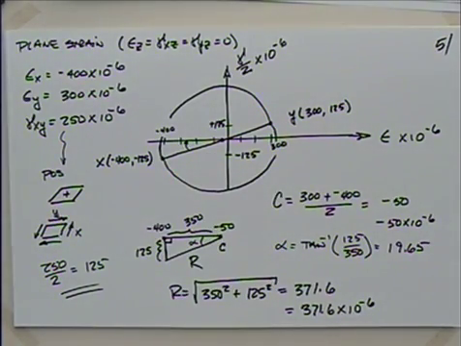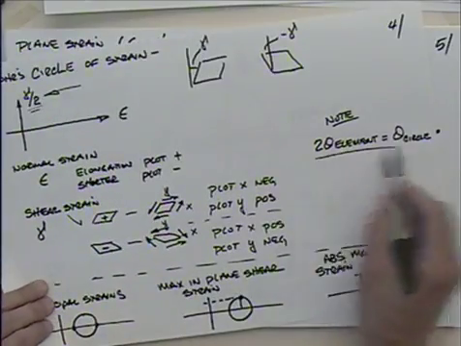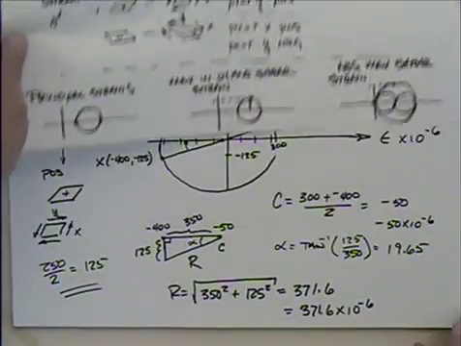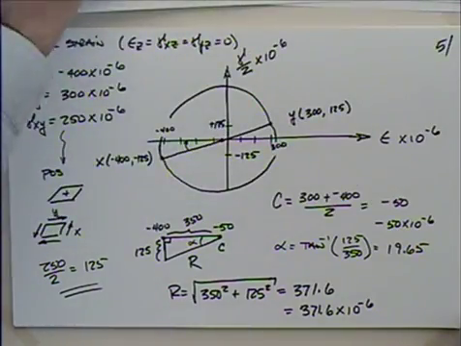If I wanted to rotate on the element, how far would I have to rotate? About 10 degrees, right? About half of that. So remember that it's twice on the element is equal to the angle on the circle.